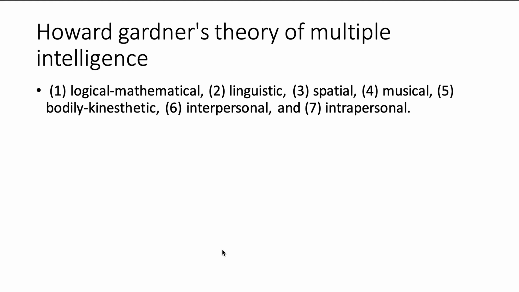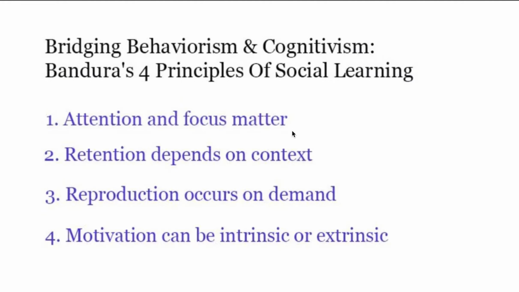The next question was about the multiple intelligence theory of Howard Gardner. These are the seven kinds of multiple intelligences: logical-mathematical, linguistic, spatial, musical, bodily-kinesthetic, interpersonal, and intrapersonal.